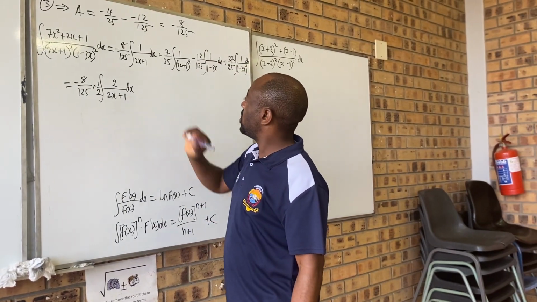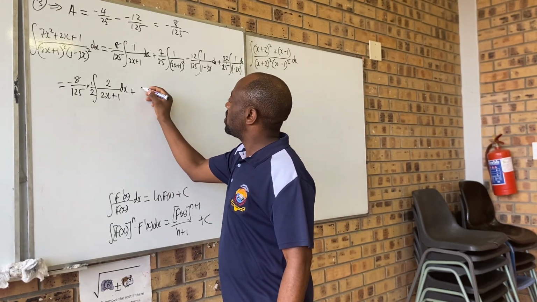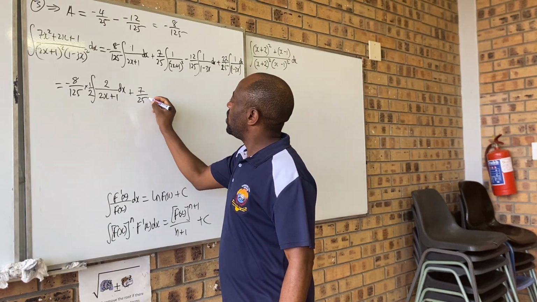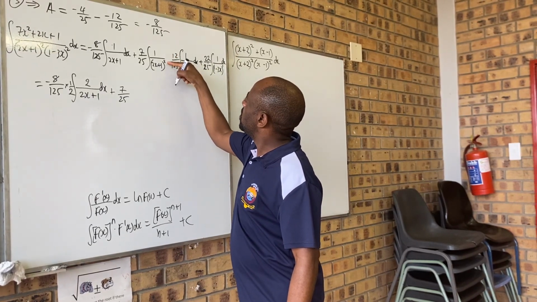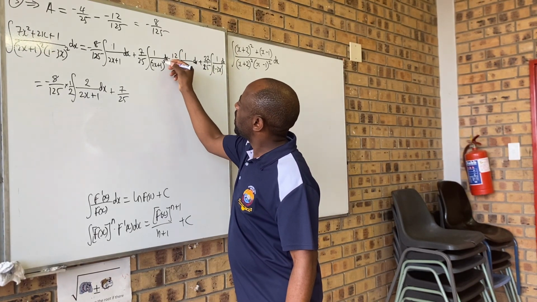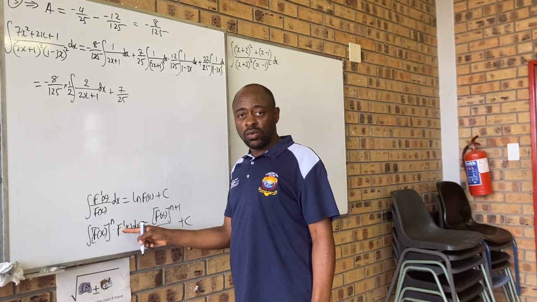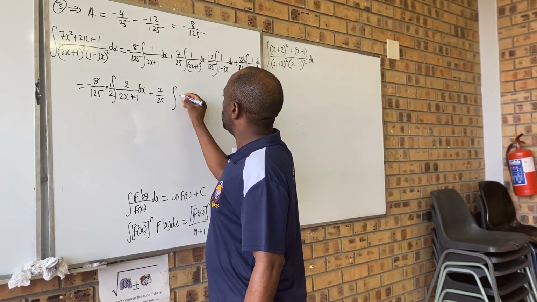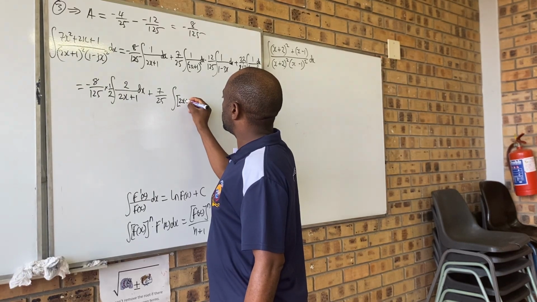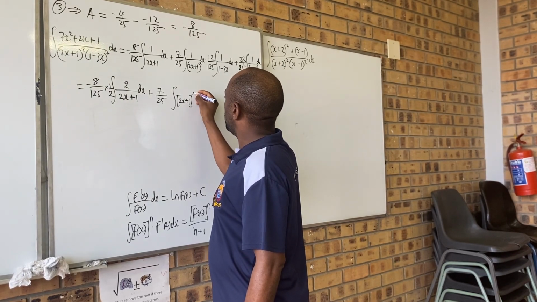So I've adjusted this. Now if I go to the next one, 7 on 25, you see that this one is a power. So I have to adjust it to look like this. It means this will now be 2x plus 1 to the power negative 2.